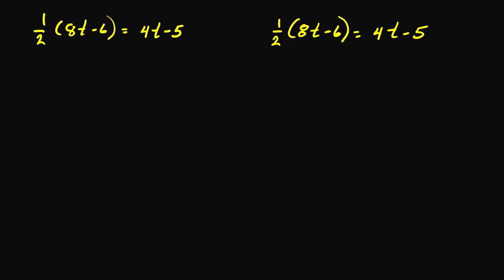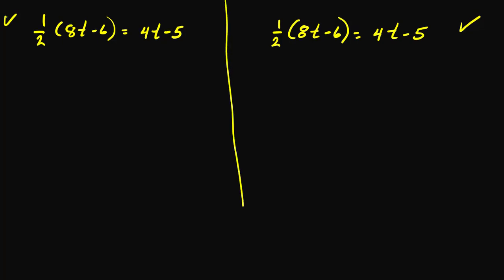Now look, this equation on the left-hand side is exactly the same as the equation on the right-hand side. I'm going to show you two different ways of approaching this. What I'm wanting to know is how many solutions are there.